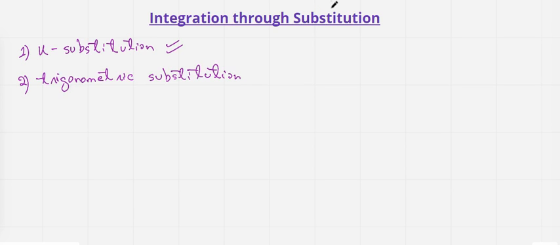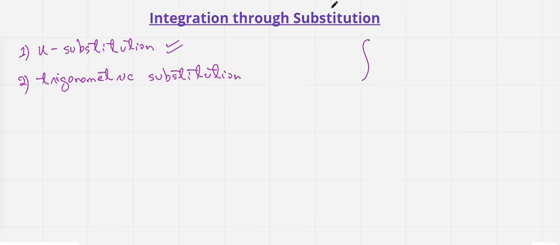When does the need for the substitution method come in integration? Whenever you see an integrand which is quite typical and hard to integrate directly, you try to use the u-substitution process.